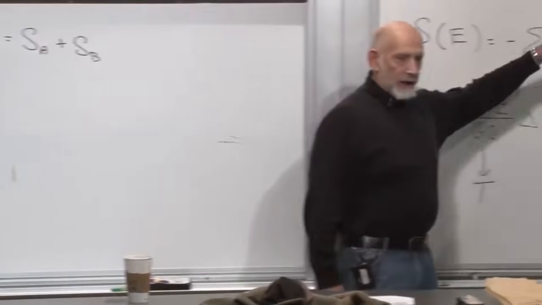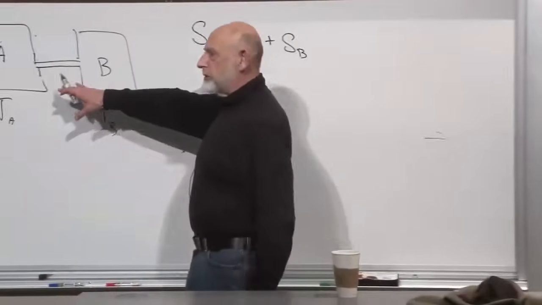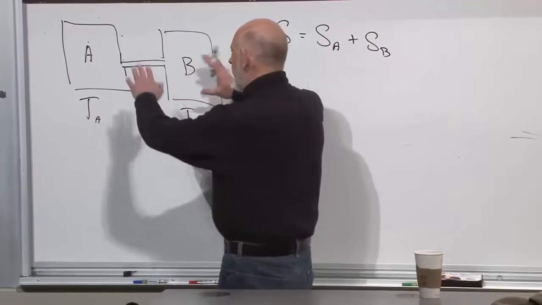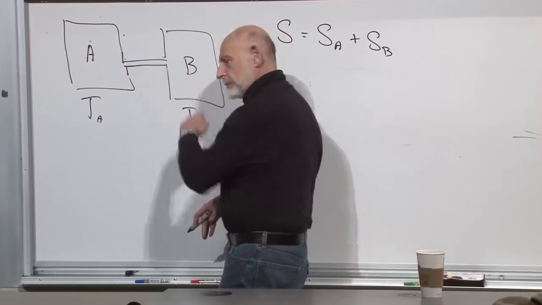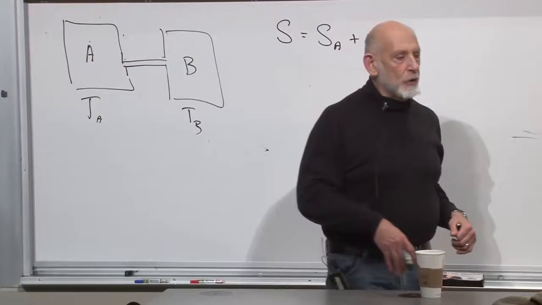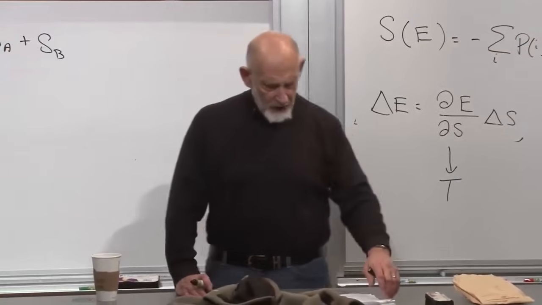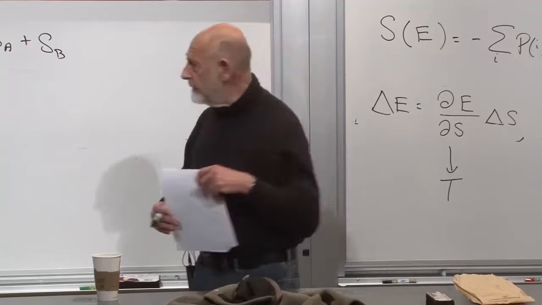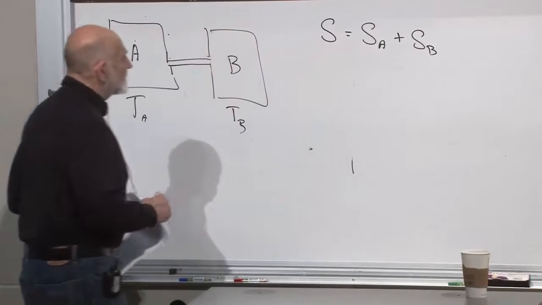Probabilities multiply. If you have two systems and each one has some sort of probabilistic description, the probability for the whole system to have some property multiplies. If you take the logarithm of probabilities, it adds. So the entropy of the whole system is SA plus SB.